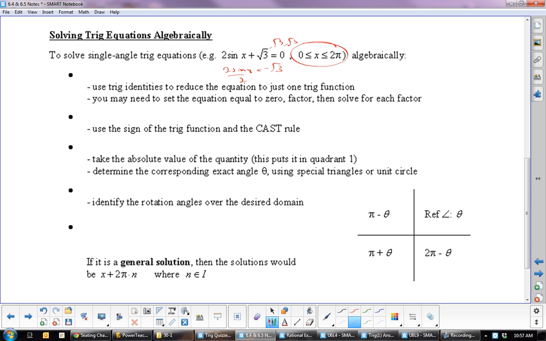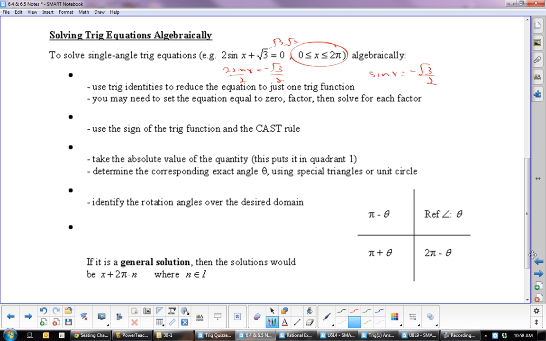Then I'll divide by 2, and I get sine x equals -√3 over 2. Now, there is the long way to do these, and if you know your unit circle, you can just give the answers right now. Okay?